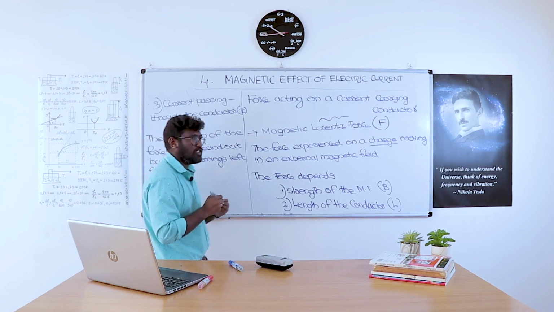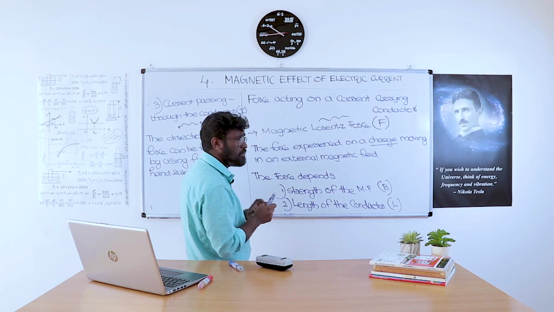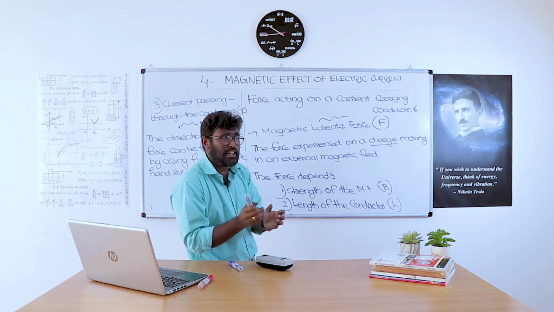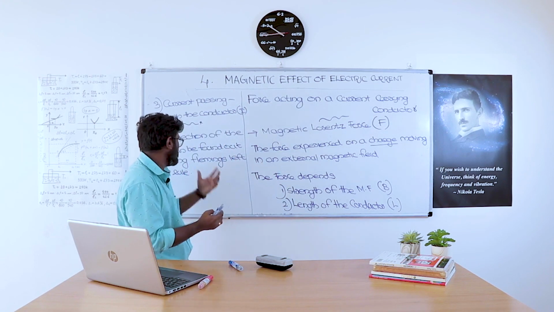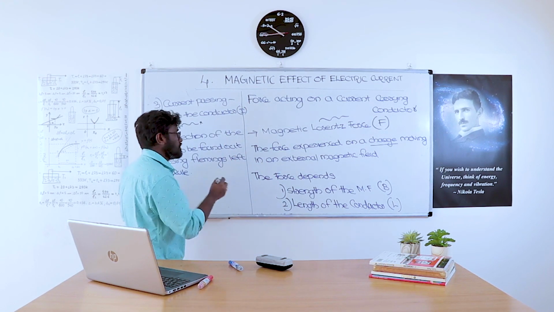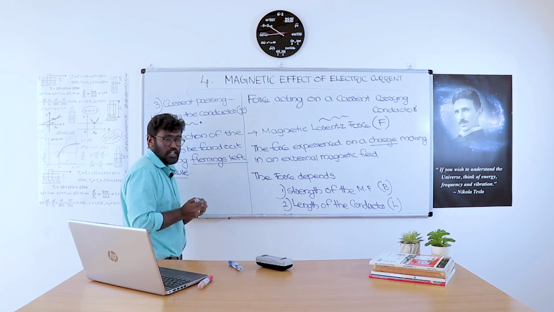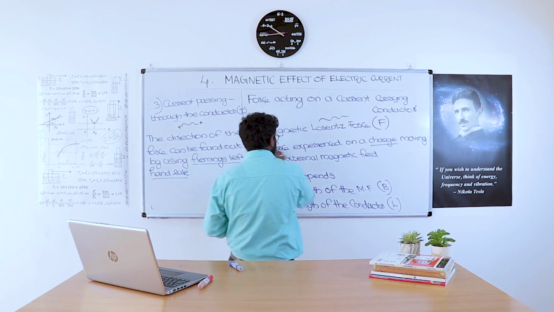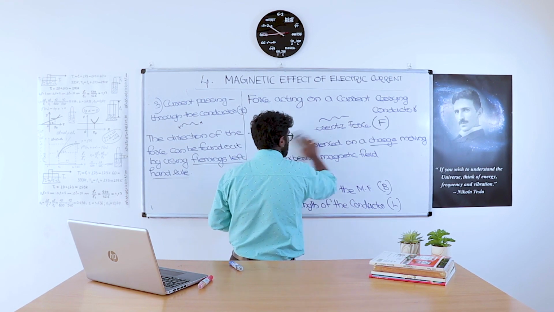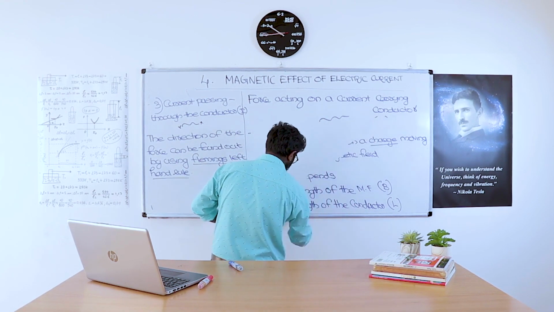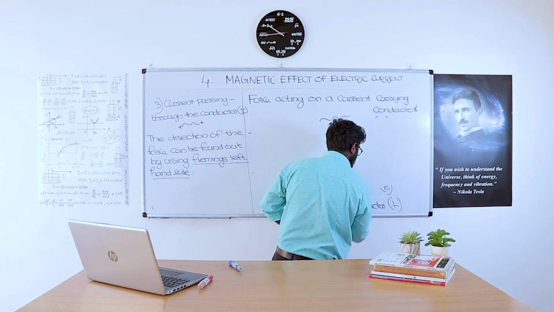That means the direction of the magnetic Lorentz force can be found out by using Fleming's left hand rule. How can we determine it? Fleming's left hand rule.